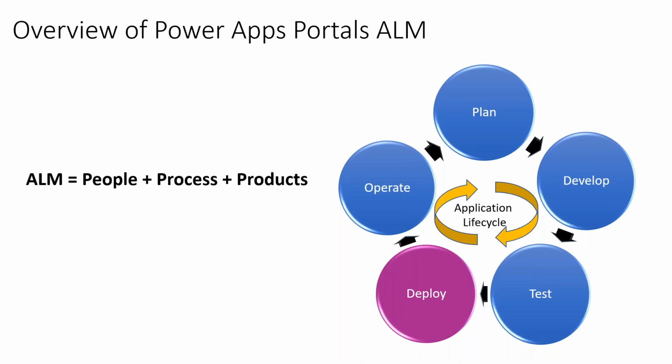Once you develop that, you go to the testing phase, where you test the application and do user acceptance testing. Once it is done, you deploy it to the target environment, production or UAT, and then you have to support the application. This is how the whole application lifecycle management looks.